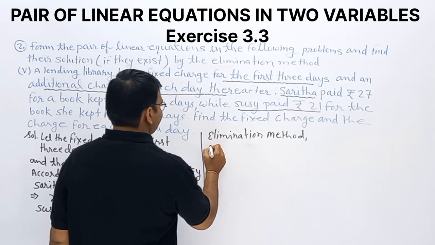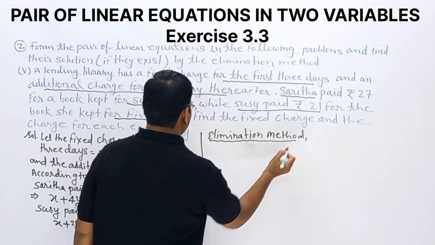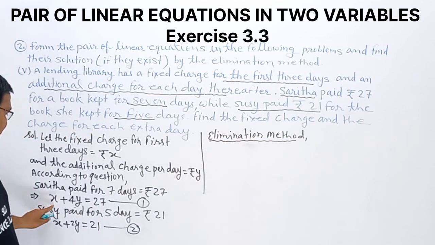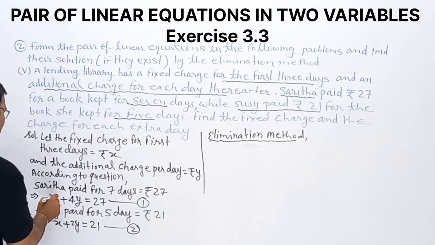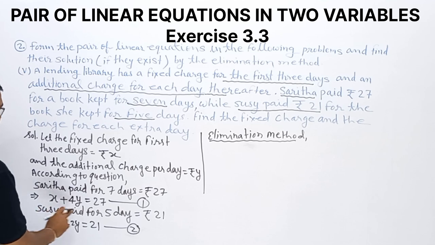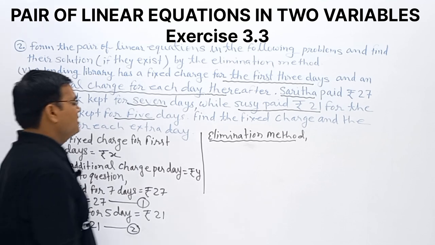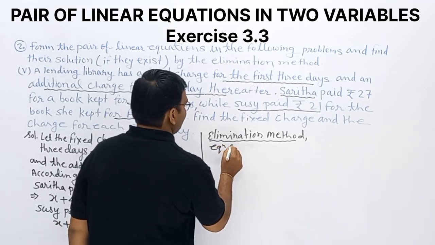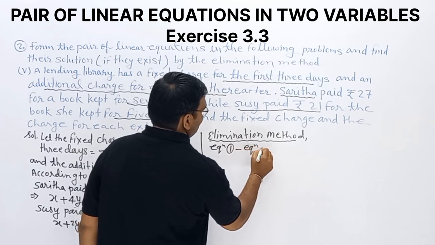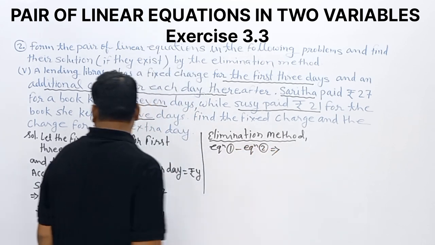We can eliminate x simply once we subtract equation 2 from equation 1. So equation 1 minus equation 2, then we get the variable y.